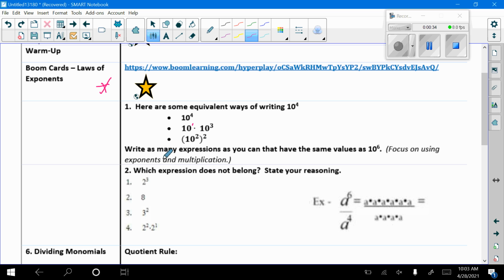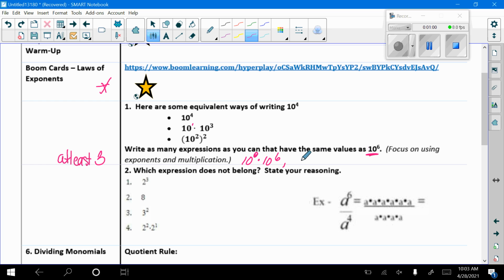So now I want you to write as many expressions as you can for the same value of 10 to the 6th. At least 3. So they might include something like 10 to the 0 times 10 to the 6th, because that would be 1 times 10 to the 6th.